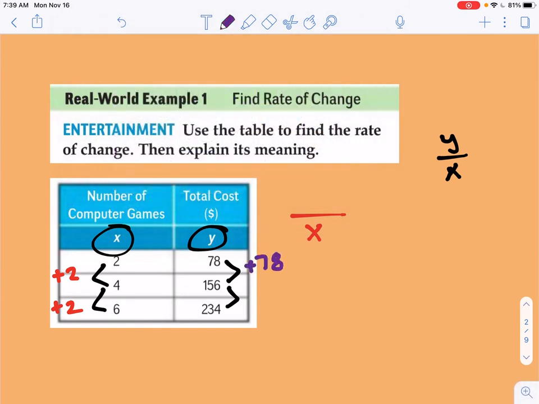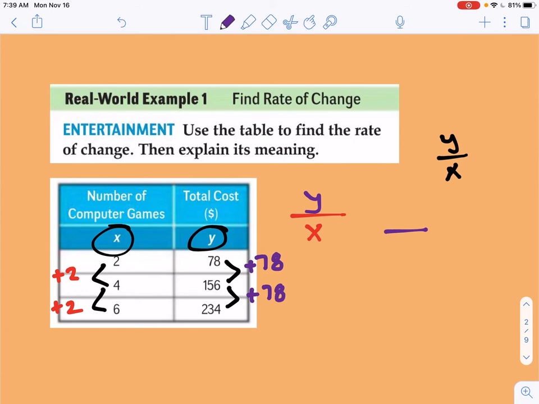So 156 minus 78 gives you 78, and 234 minus 156 also gives you 78. So your y over your x. If we were to put that in terms of using the numbers and find the rate, well, we know it's a ratio.